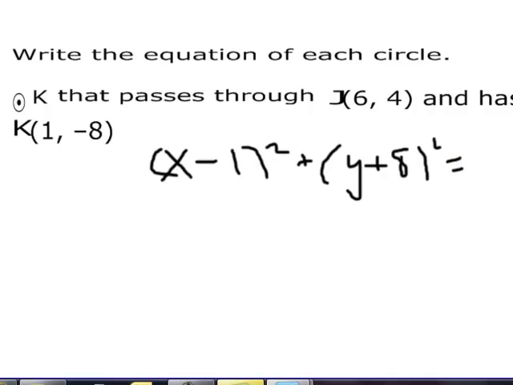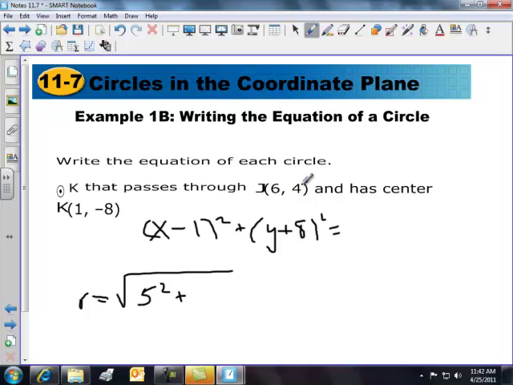So we're going to find that radius by taking the distance between J and K. So we need to find out what that radius is. I'm going to say r equals rather than d equals, and I'm going to use the distance formula. I'll do this kind of quickly here. I've got 6 minus 1, which is 5, squared, plus the difference of the y's, so 4 minus negative 8, that's 12 squared.